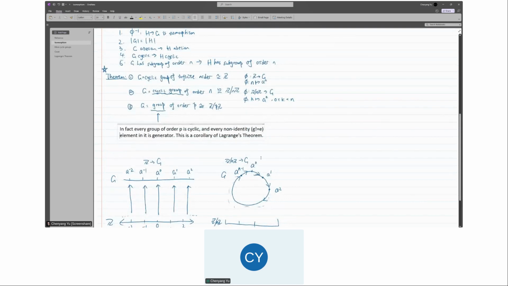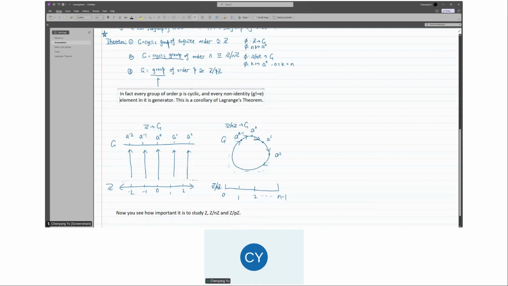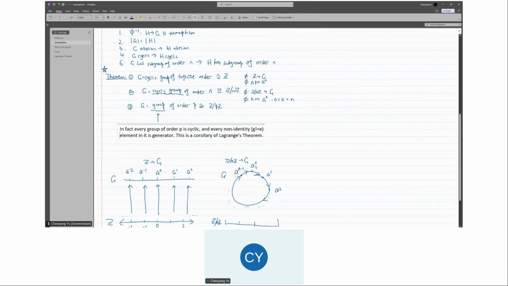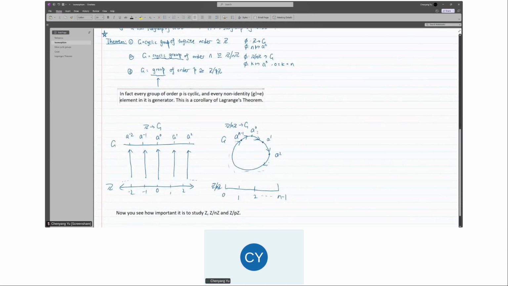For the second statement, any cyclic group of finite order, I like to visualize that as a clock, as a circle. You can see this is a cyclic group. You multiply a continuously, and then it gets back to a to 0, the identity element, in the end.